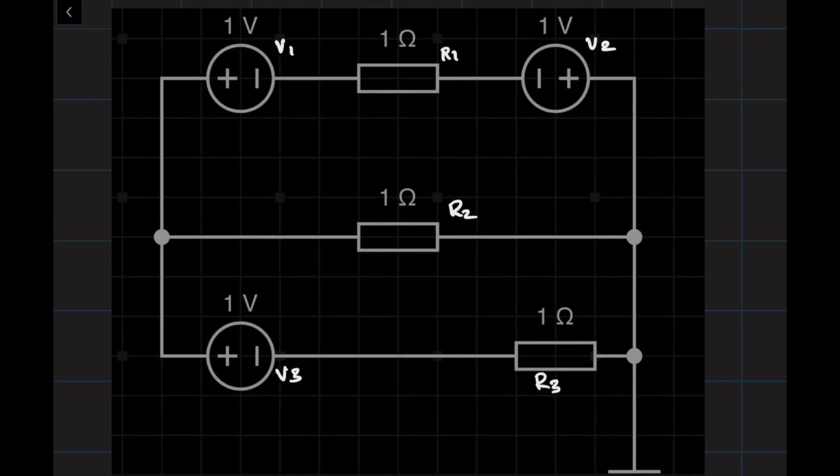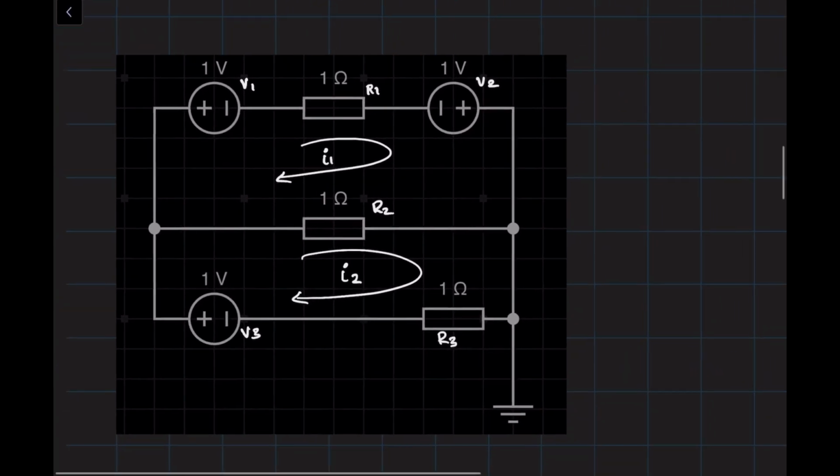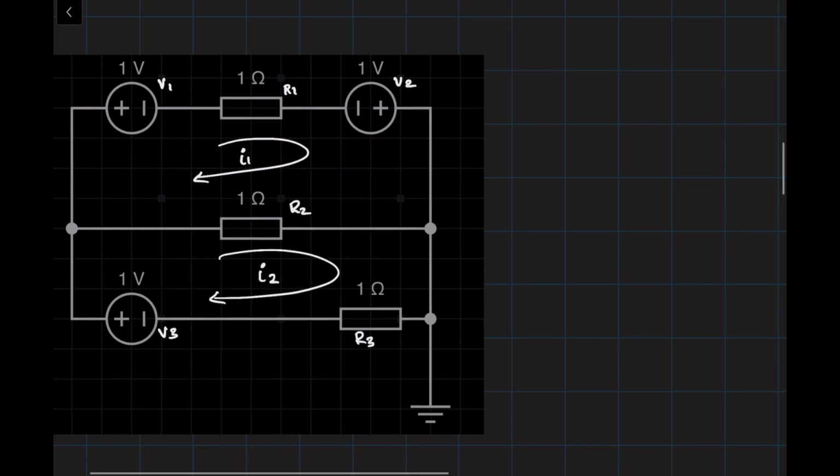Now here we have multiple loops. So in one loop, let's take current as I1 moving in the clockwise direction, and the second loop, let me take this one as I2. Okay, now how will you write the Kirchhoff's equation?